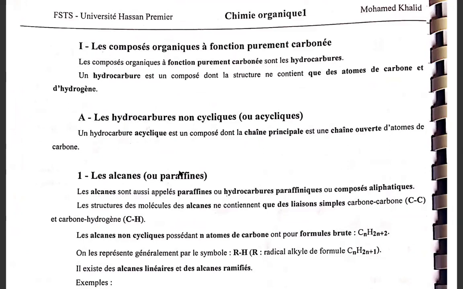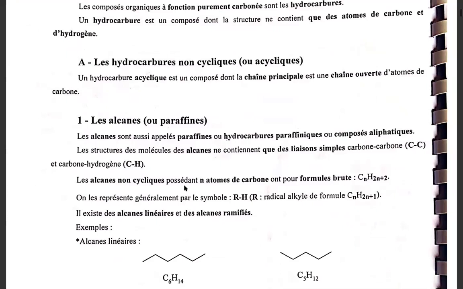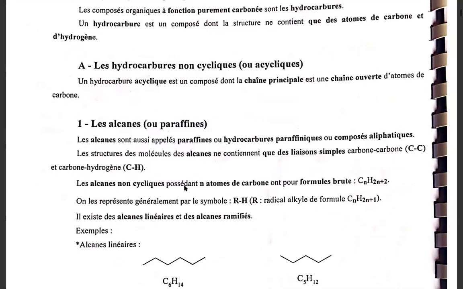So today's first part will be hydrocarbons, non-cyclic. We're going to look at only straight-chain compounds that are open: un hydrocarbure acyclique est un composé dont la chaîne principale est une chaîne ouverte d'atomes de carbone. So it's basically open chains of carbon compounds.